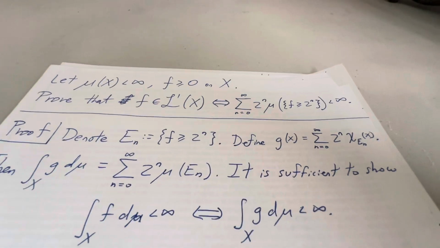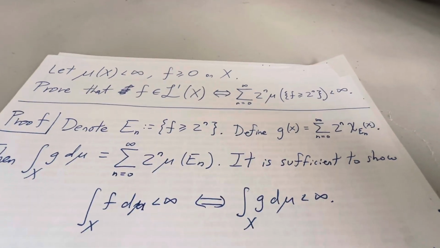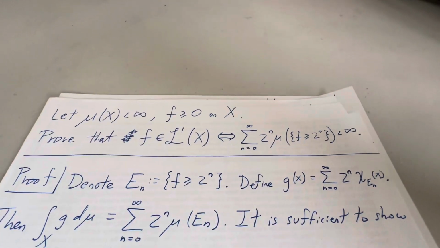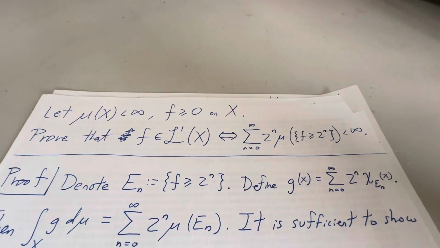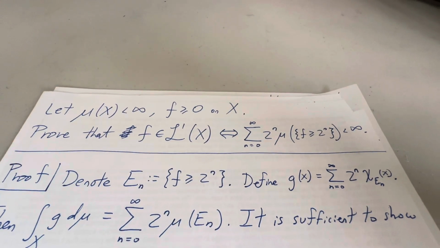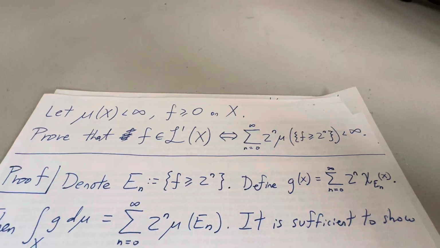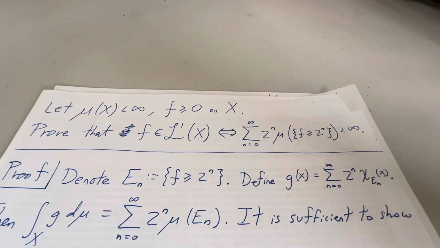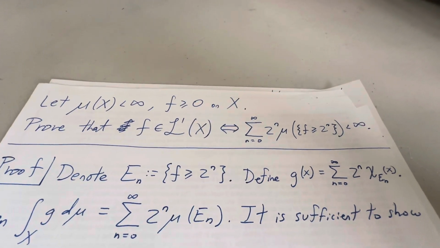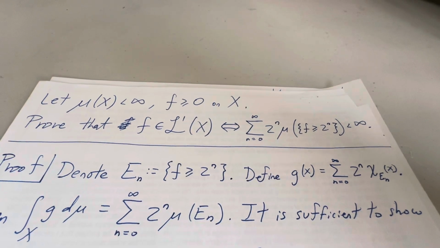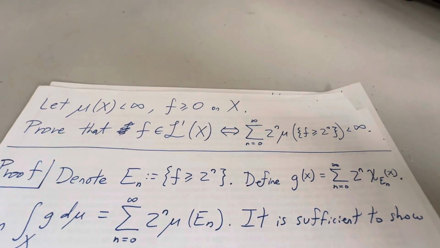Okay, so what about the second problem? We let mu be some positive measure on a measure space X, and we assume that mu of X is finite. So it's a finite measure space. We assume that f is non-negative on the space X, so it's always bigger than or equal to 0.